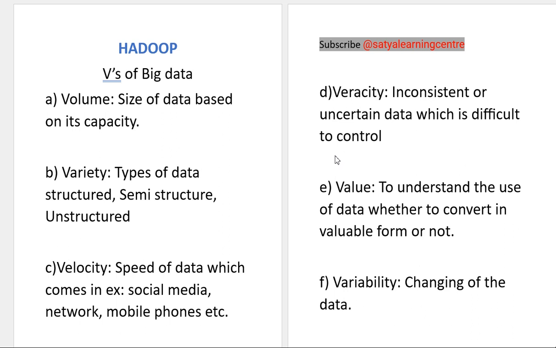Maybe today the data comes in some format, and tomorrow it will come in some other format. So it varies based on the platform, the interest, the user, and the client requirement. All this information that changes based on user interest will come under variability.